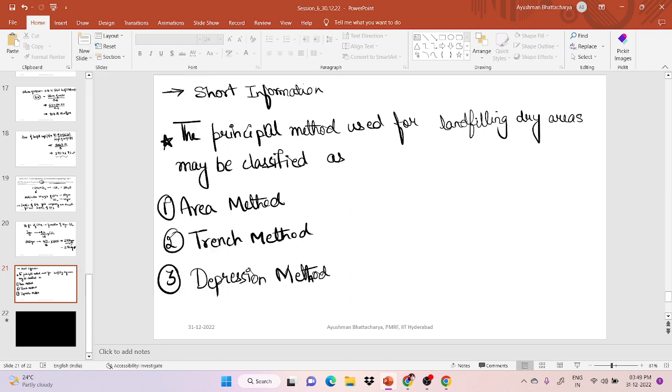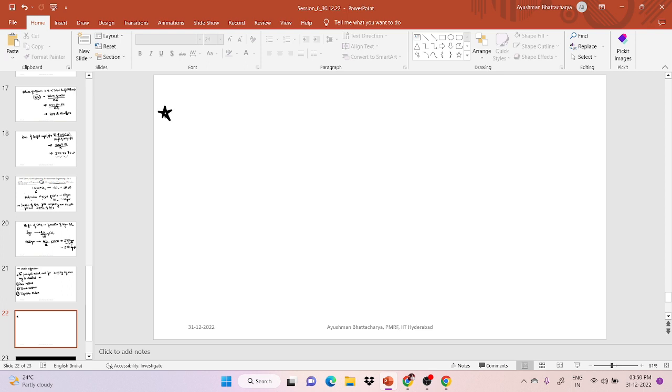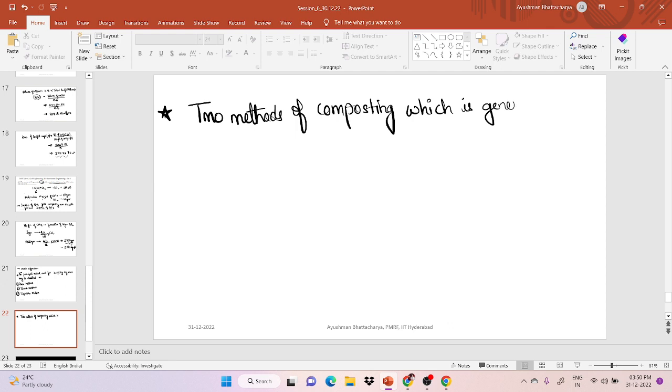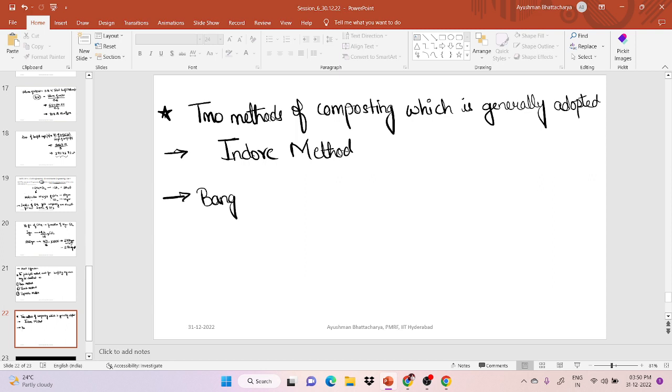Okay, since these are landfilling methods, now for composting, the two methods of composting which are generally adopted are, first, the Indore method, and second, the Bangalore method.